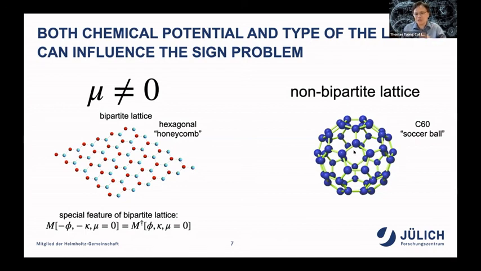And so it's non-bipartite. And just that geometry itself is sufficient to induce a sign problem, okay? As soon as you turn on interactions, independent of chemical potential. So we're going to consider examples of both here in my talk. And we're going to try to understand how we can alleviate the sign problem in both cases here.